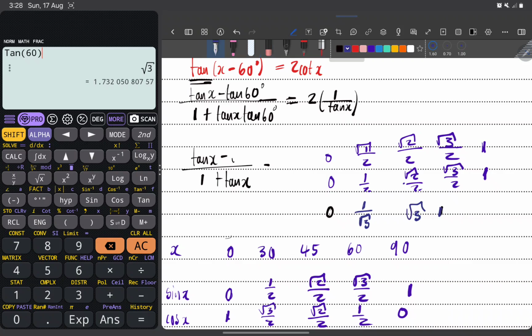You say to me, what about the fourth one? Well, one of the angles is going to be undefined, and it's exactly this order which I've given you. So it's 0, then 1 over root 3, then 1, then root 3, then undefined. So it increases as it goes like that.